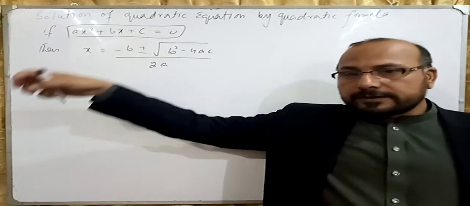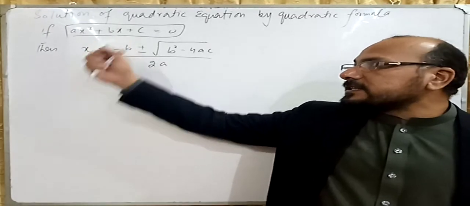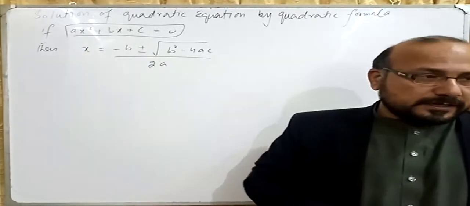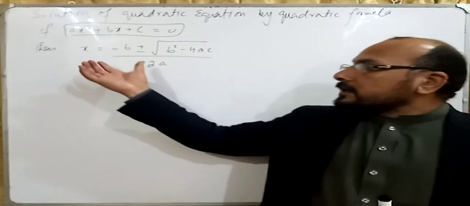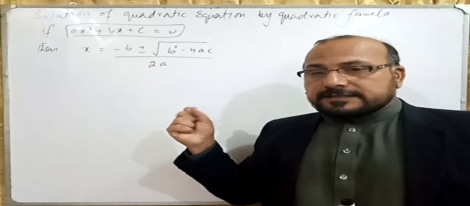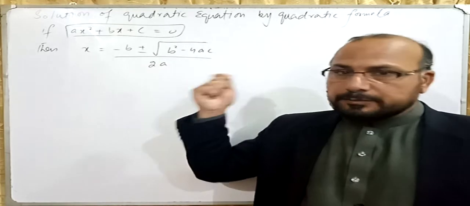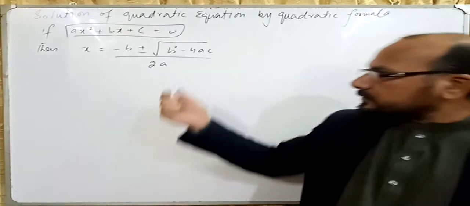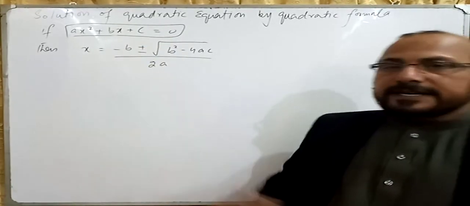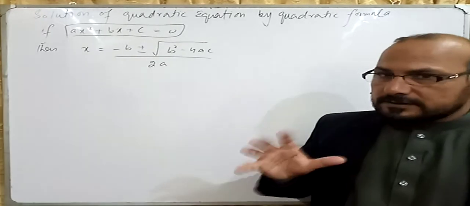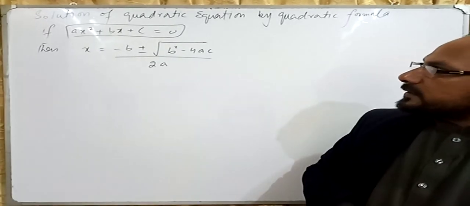Why are we using the quadratic formula? Because sometimes we need the solution set of a quadratic equation, and if factorization fails, if through factorization we cannot find the solution set, if through completing square we cannot find the solution set, then by using the quadratic formula we can find the solution set of the quadratic equation.